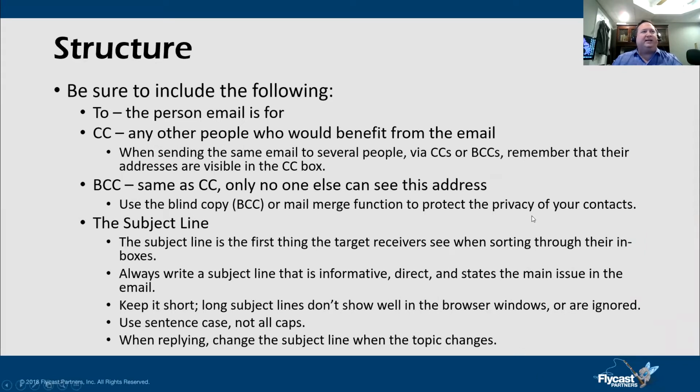Structure. I'm not going to get into this too deeply. This is more of a reference section for you guys than something that you absolutely need to know. But go through and read this structure. These are all the different parts of the email, starting with the To and going through the different CC, BCC, subject line, and what's the normal use of those in a business environment.